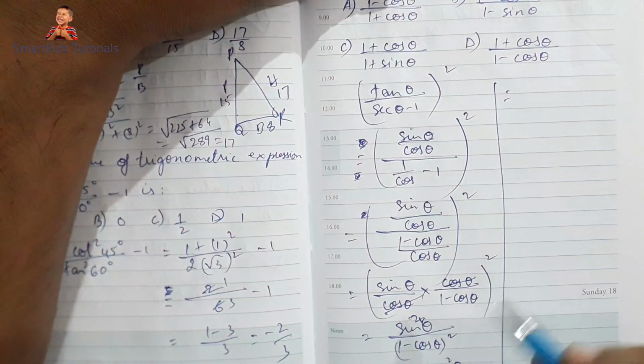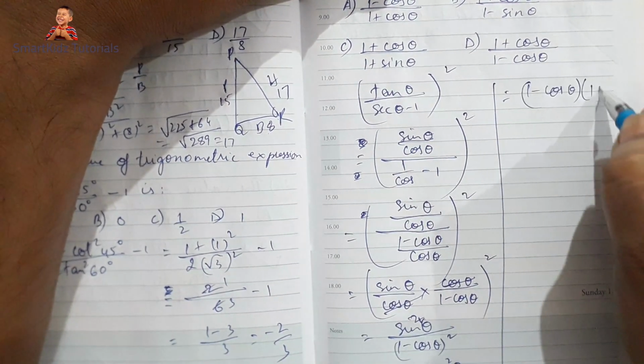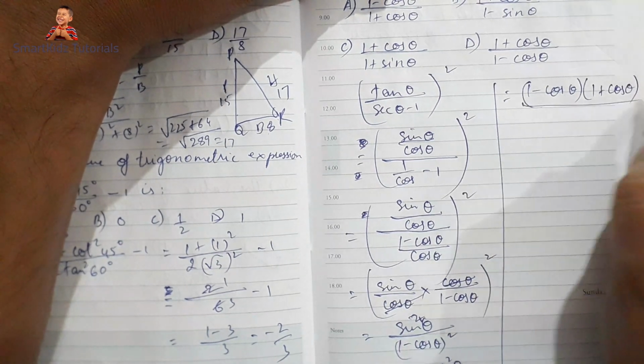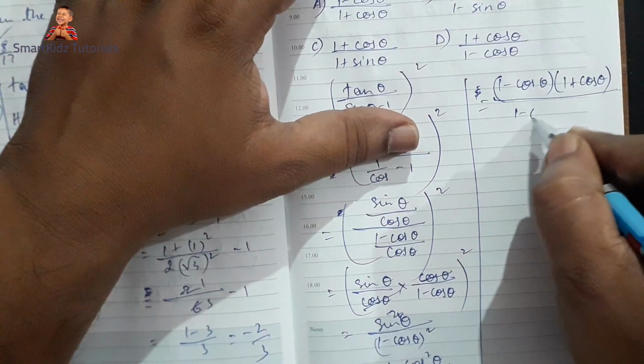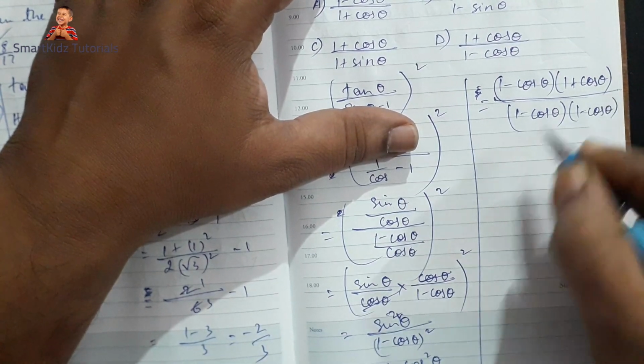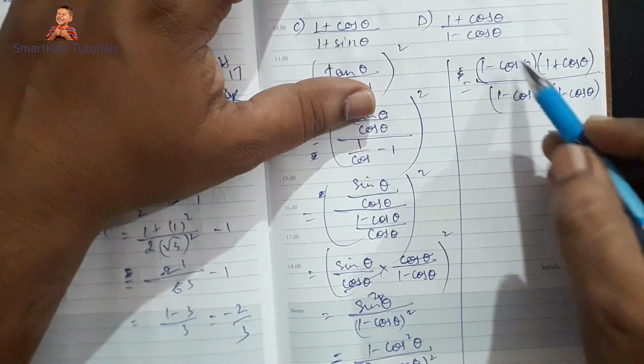So if we write this as a, expand that, we'll get 1 minus cos theta into 1 plus cos theta, a plus b into a minus b, whole thing upon, and this 1 minus cos theta whole square can be written as 1 minus cos theta into 1 minus cos theta. So a minus b whole square can be written as a minus b into a minus b.